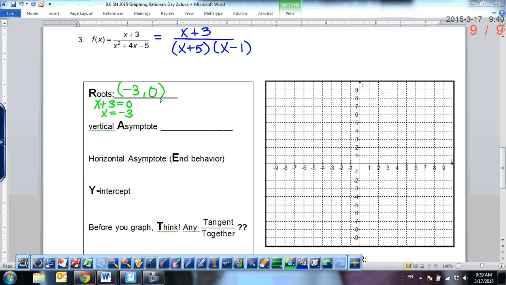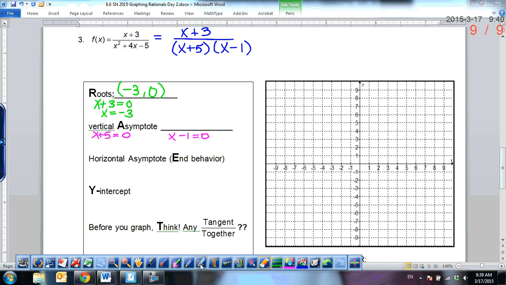All right, for this function, this time we're not only going to have one vertical asymptote because we have two factors that could be equal to 0. So we're going to have two different vertical asymptotes. You're going to set each factor of your denominator equal to 0. X plus 5 equals 0, and x minus 1 equals 0. That's because that original polynomial, x squared plus 4x minus 5, has two answers that would make it 0.